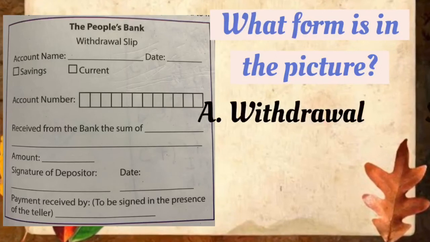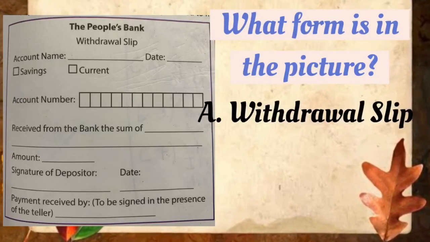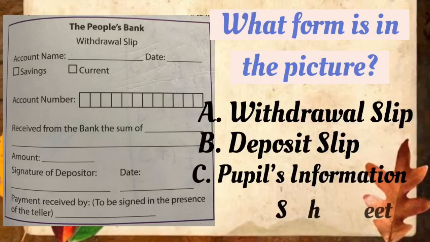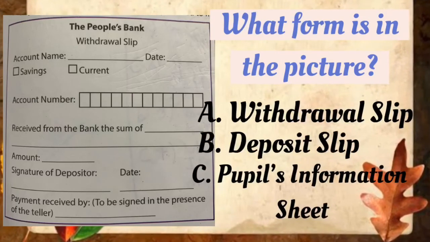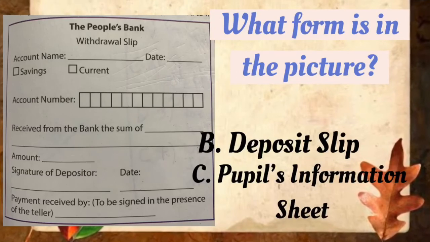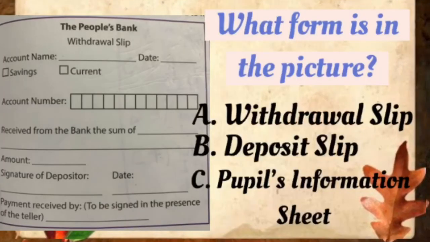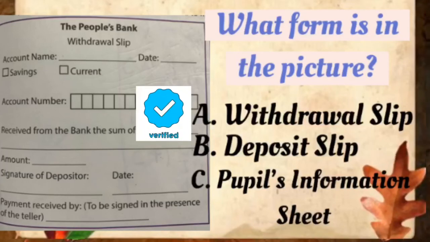Is it A. Withdrawal slip, B. Deposit slip, or C. Pupil's information sheet? The correct answer is letter A.